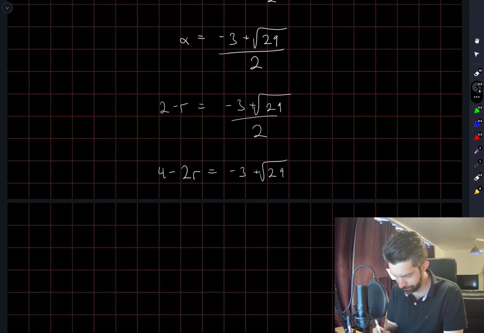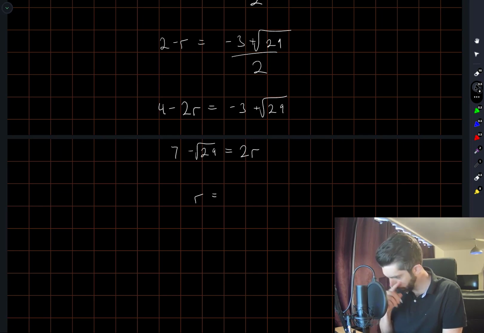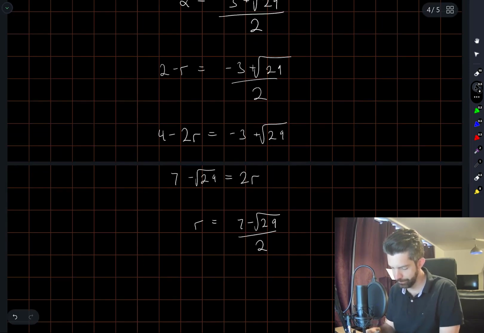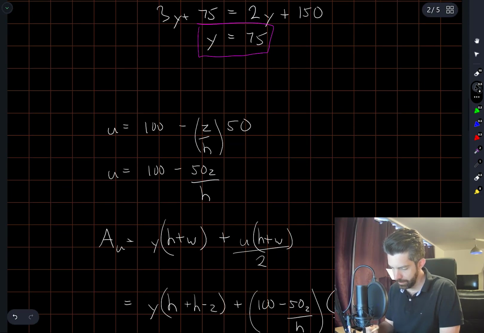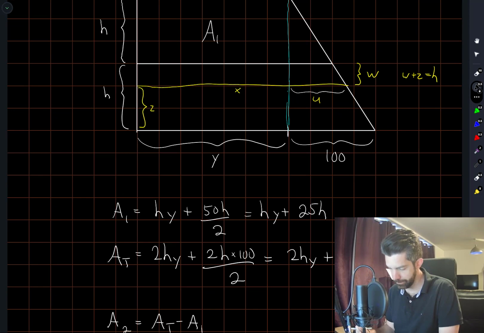So what do I have here? 7 minus the square root of 29 is equal to 2r. So r is equal to 7 minus the square root of 29 over 2. R was equal to z over h.